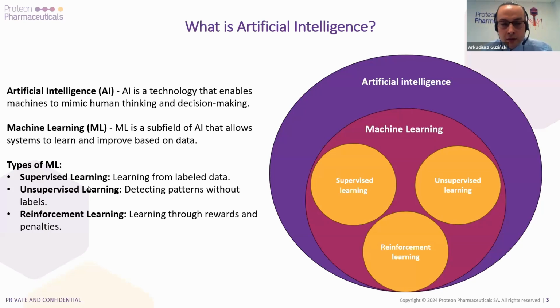In contrast, we have unsupervised learning, in which we allow the model to learn the patterns itself. So we don't have to put a lot of effort into this. The third quite popular method is reinforcement learning, where the model receives feedback on its classification, usually also given by a human.